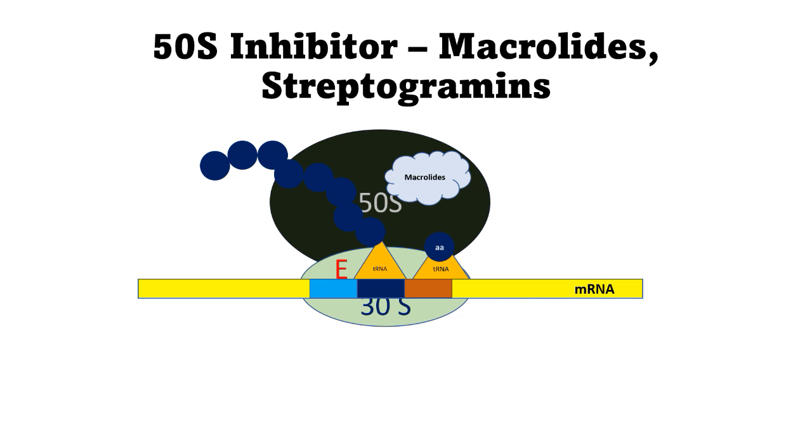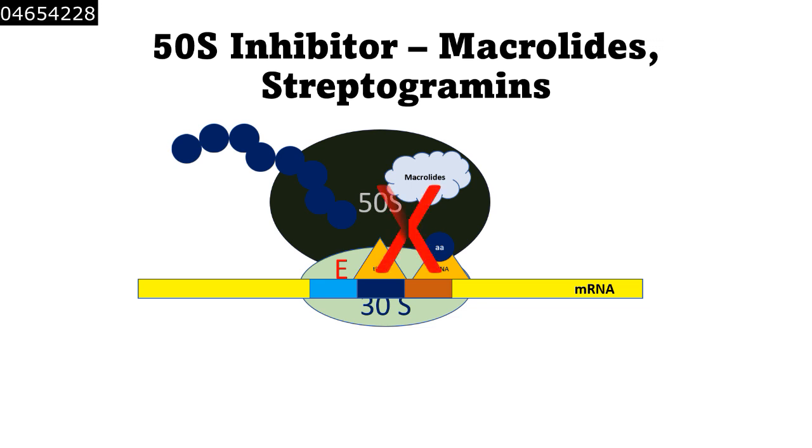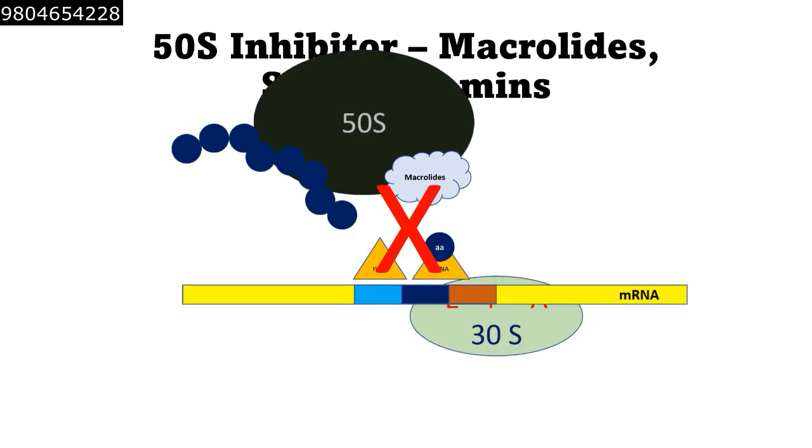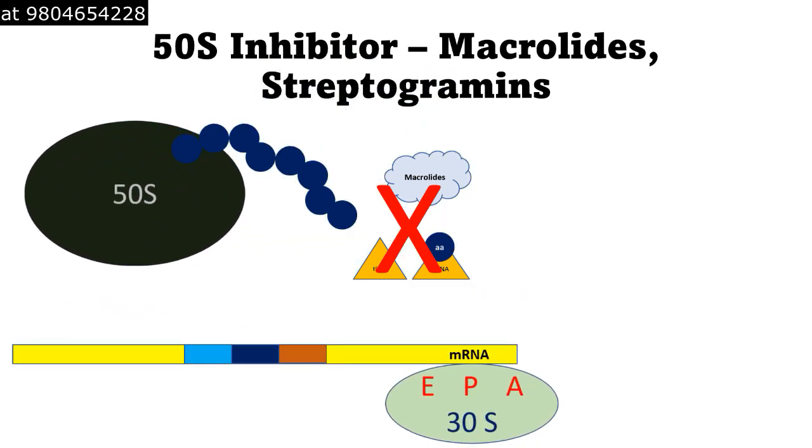It will not allow the movement and transfer of the polypeptide to the tRNA of the A site, so no further movement is possible. It prevents the peptidyl transfer activity, thus inhibiting protein synthesis. This is how 50S inhibitors like macrolides and streptogramins work.